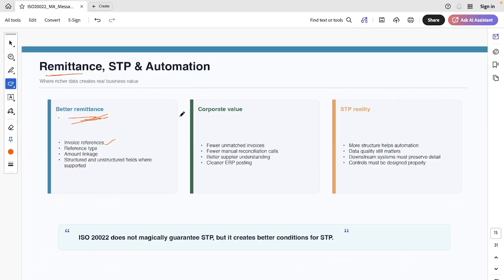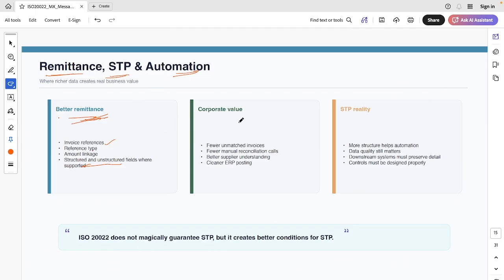With richer and more structured remittance data, companies can reduce unmatched items, reduce manual reconciliation, improve ERP posting, and understand payment regions more clearly. This supports your straight through processing and automation.